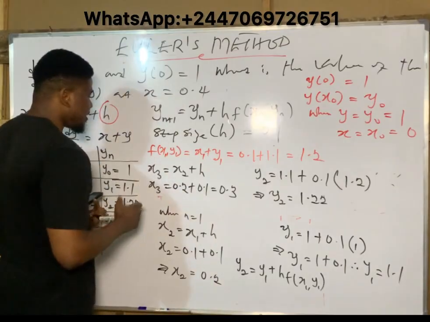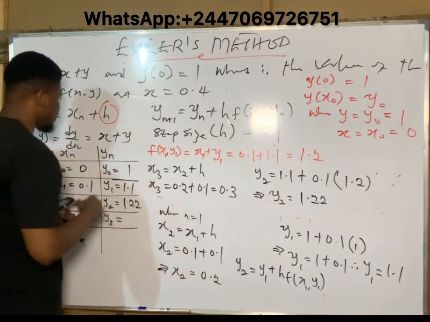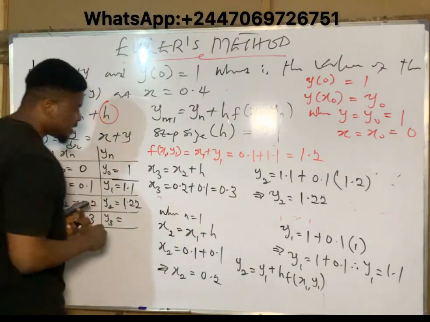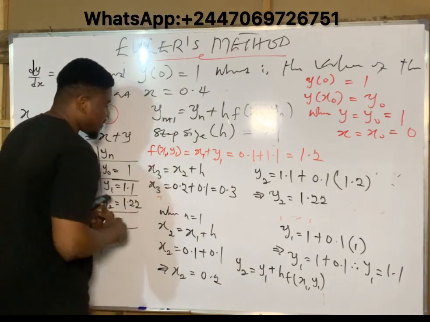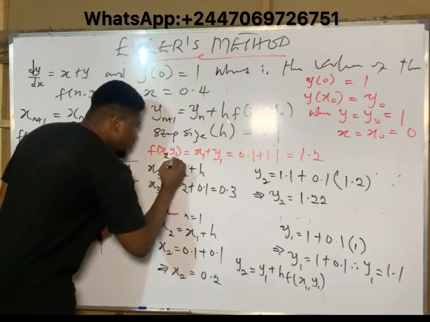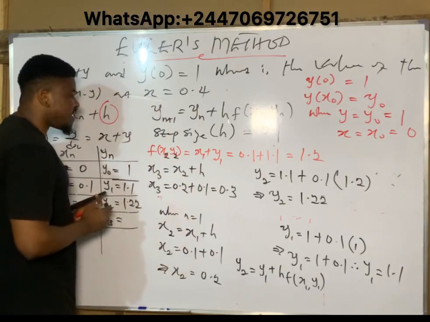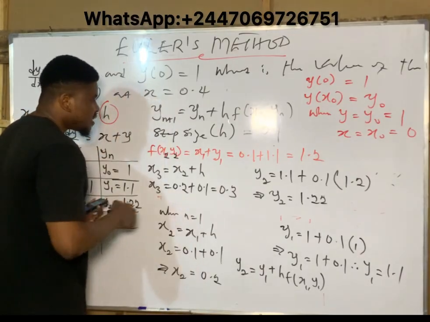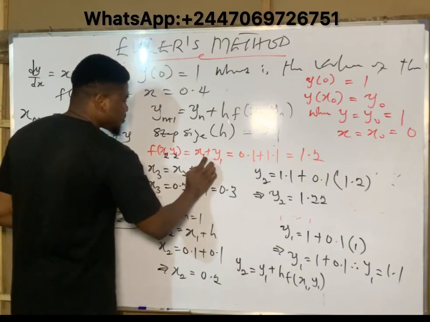Now to get to y, we have to evaluate the function at the previous values of x and y. So since here we considered x1, y1, we'll simply find the function at point 2. So this is going to be x2, y2. What is now the value of the function at point 2? The equation is x plus y.